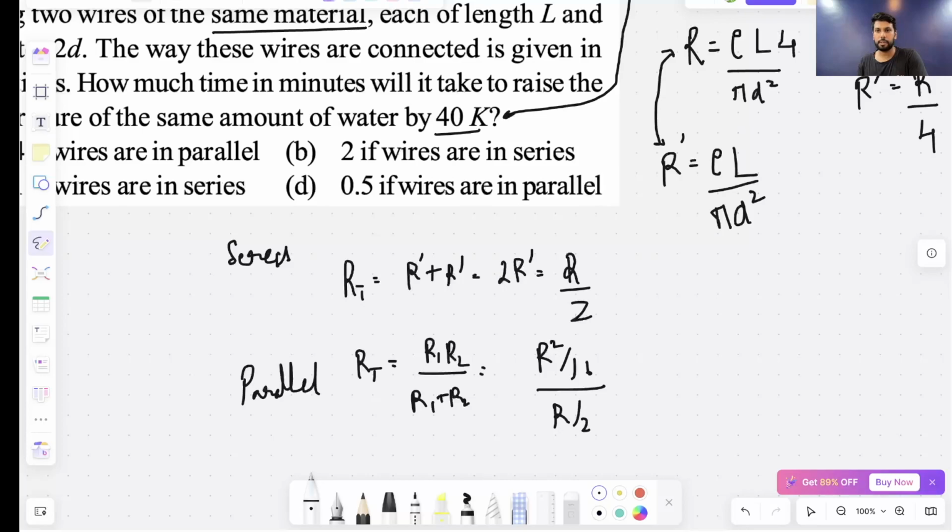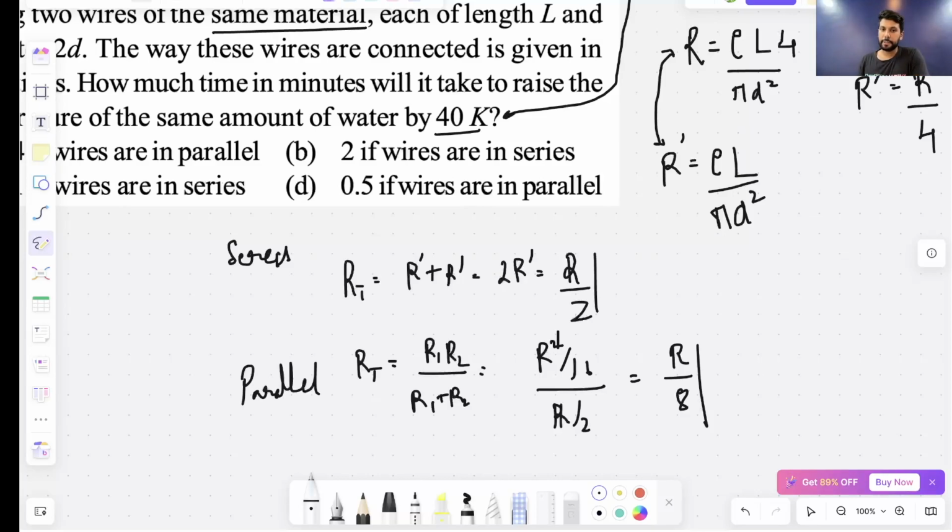R by 4 plus R by 4 is R by 2, so R is going to get cancelled here, so it's going to be R by 8 at the final. Okay, R by 8 at the end. So when connected in series, it's R by 2. When connected in parallel, it's R by 8.